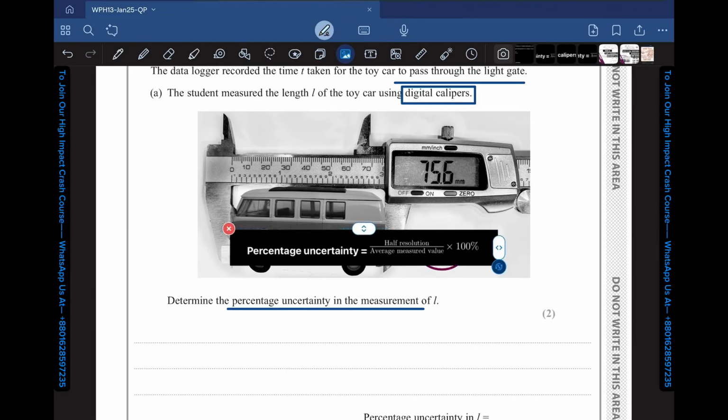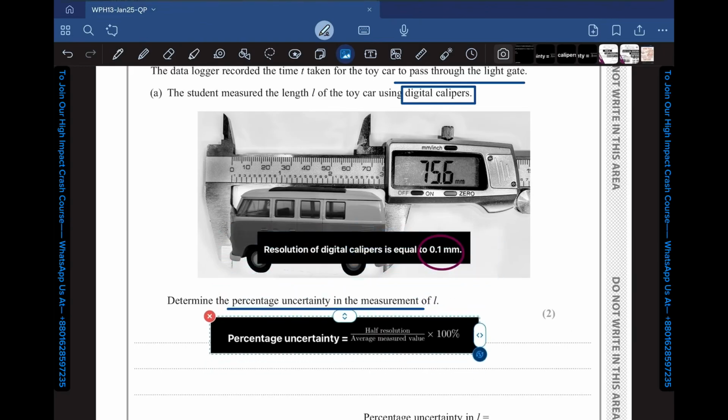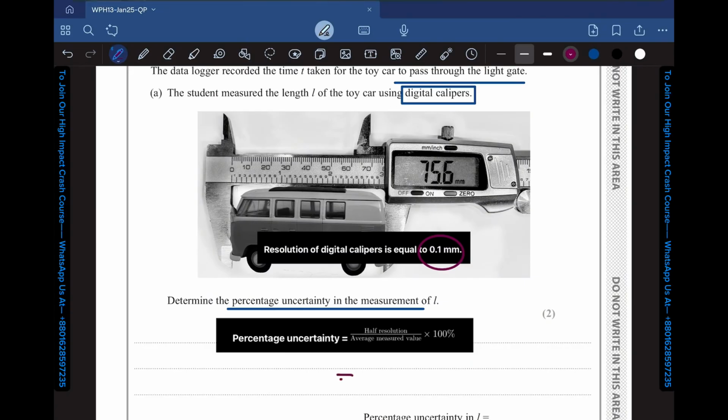Because we know the formula of percentage uncertainty is half resolution divided by average measured value times 100%. And we know our half resolution will be 0.1 divided by 2, which will become 0.05, divided by the average measured value, which will be 75.6 millimeter, and both of them are in millimeters, right?